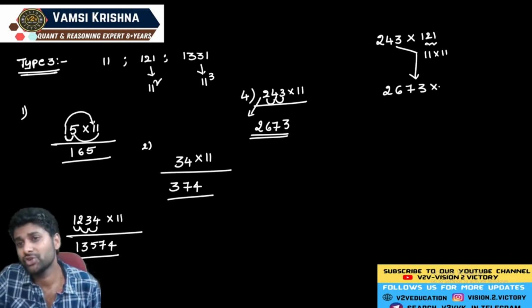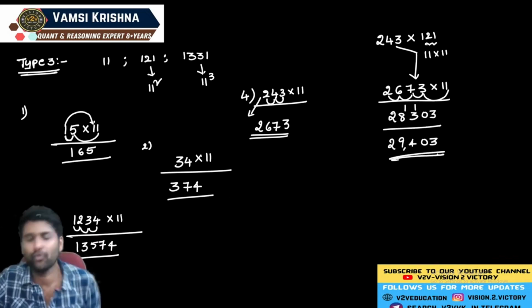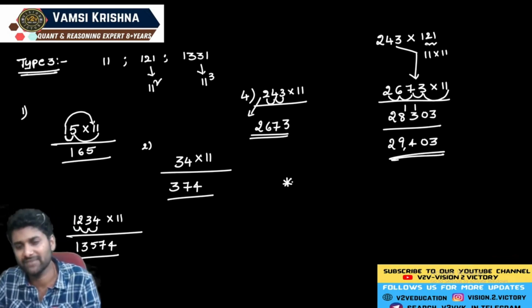But again you should multiply it by 11. Take 2, then 2 plus 6 is equal to 8, 6 plus 7 is 13, write down 3 and 1 is a carry over. Again 7 plus 3 is equal to 10, take a 0 and carry 1 forward. Finally 3 ones are 3. So here the answer is 29,403.